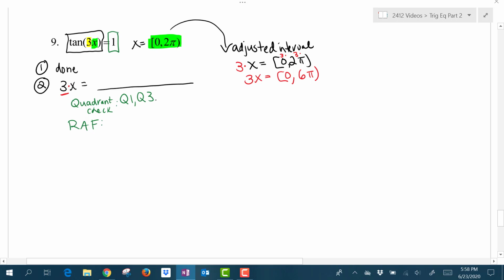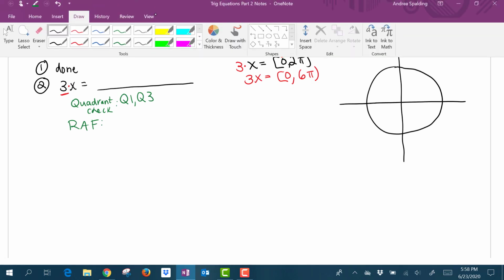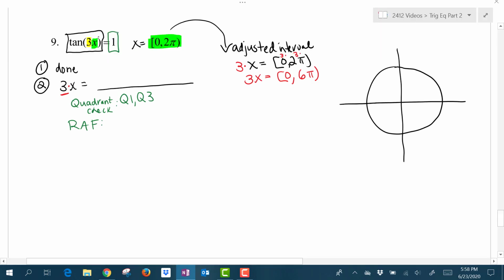Our reference angle family, if we're familiar with the unit circle, where tangent has a value of positive 1, would come from the pi over 4 family. So make sure you're familiar with that unit circle. So pi over 4 from quadrant 1, and 5 pi over 4 from quadrant 3. Alright, so those are our angles.